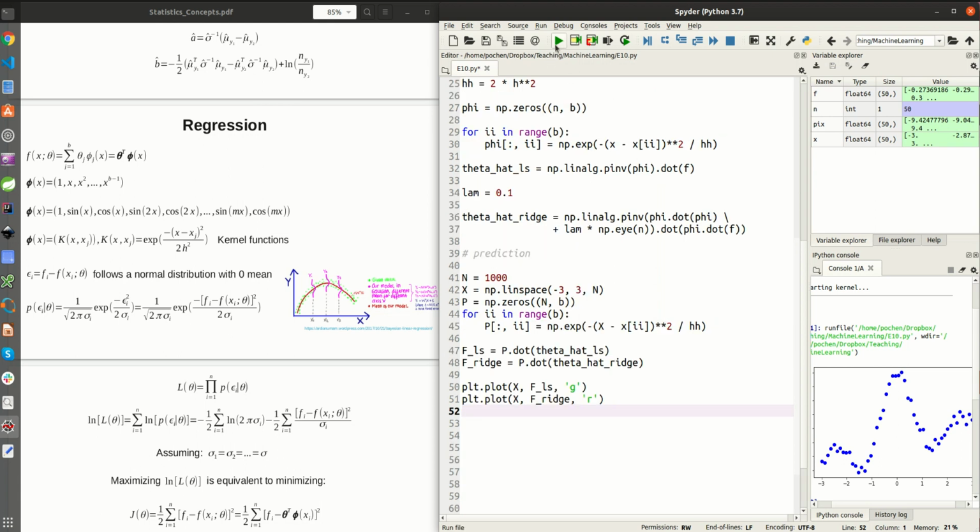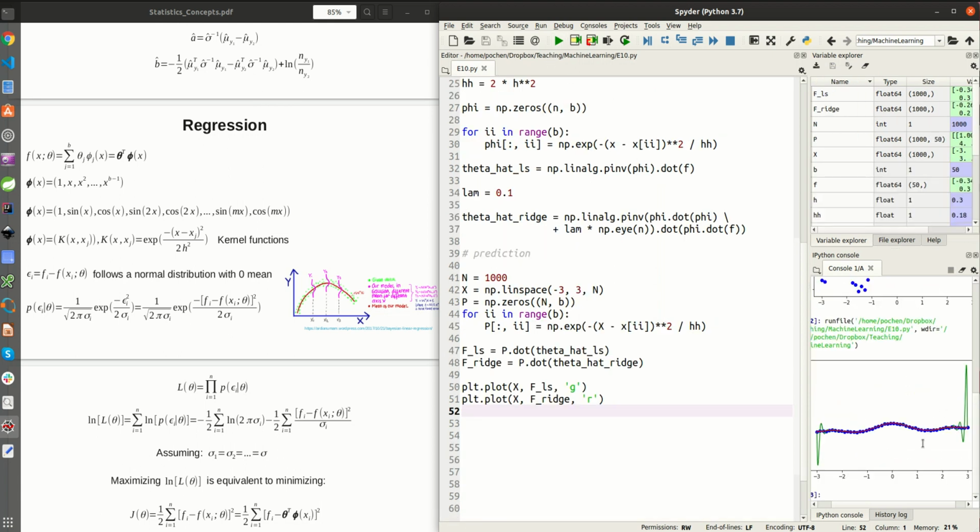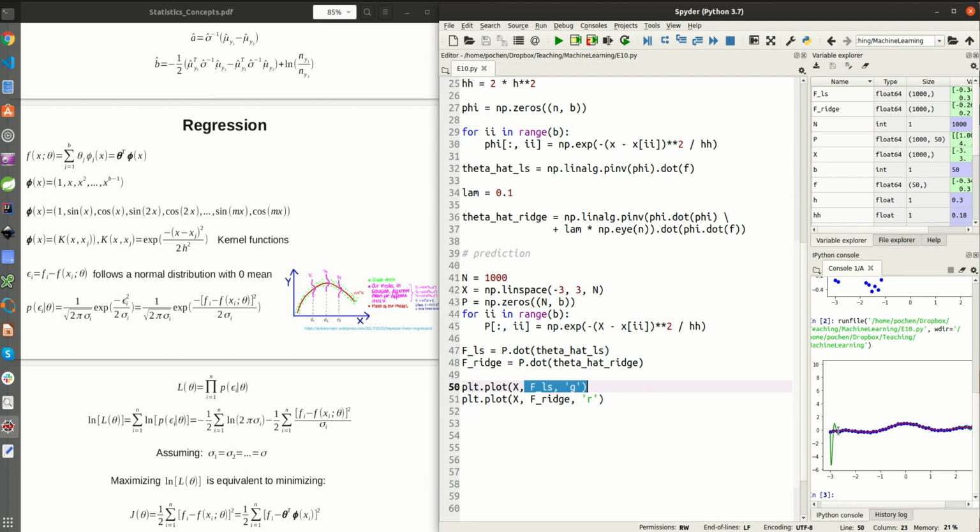And then let's run it. Okay, so we have some kind of overshoot for the least square regression, right?